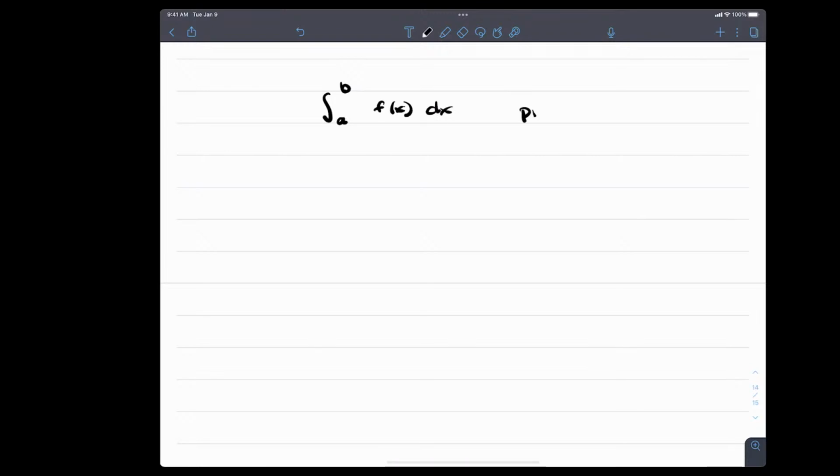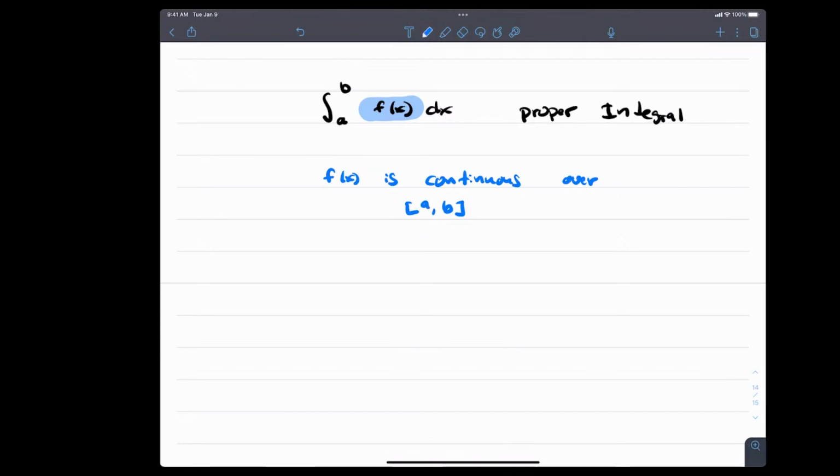This is a proper integral, in the sense that this function f is continuous over a closed bounded interval [a, b]. This is what you guys have been working with, right? You got this interval.